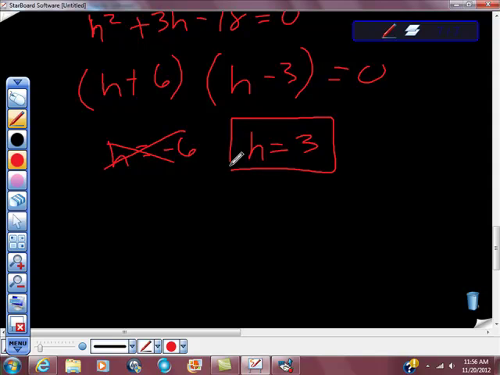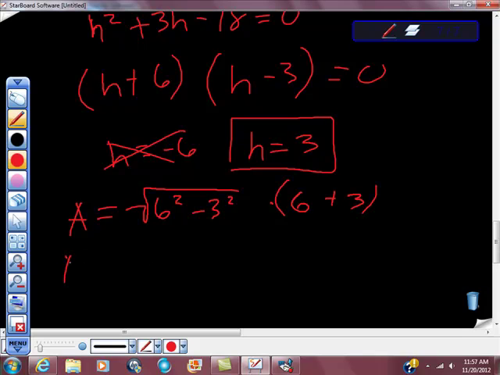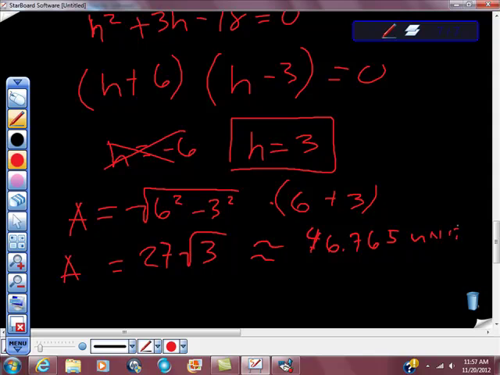And if you plug that into your area to find the maximum, since we're asked to get the maximum, we'll get area equals the square root of 6 squared minus 3 squared times the quantity 6 plus 3, and our answer will end up as 27 times the square root of 3, or it's also 46.765 units squared.